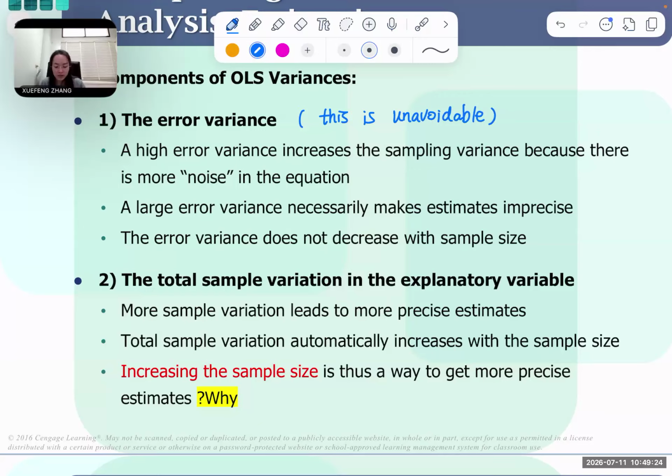Next component, the total sample variation in xj, SSTj. More sample variation leads to more precise estimates. Total sample variation automatically increases with the sample size. Increasing the sample size is thus a way to get more precise estimates. Here's a question for you guys: why is increasing the sample size a way to get more precise estimates?